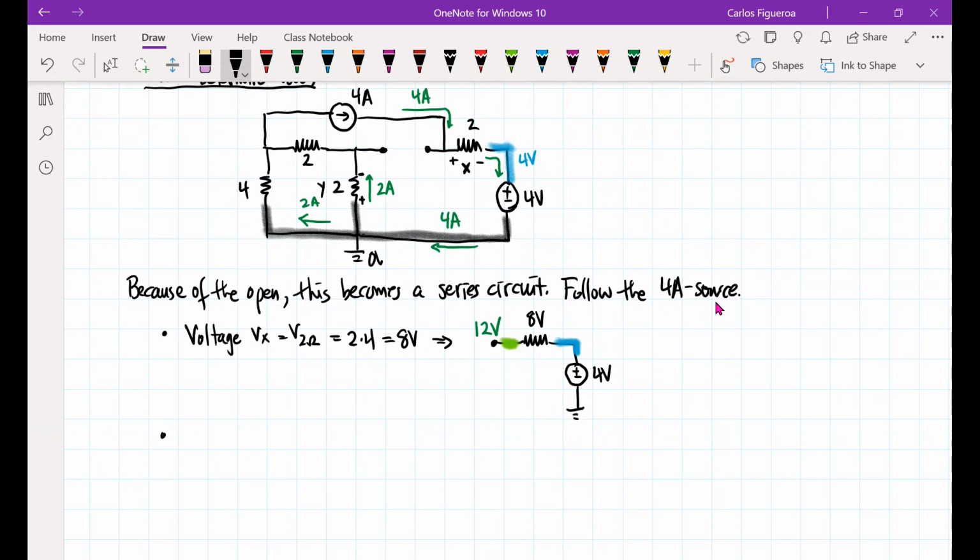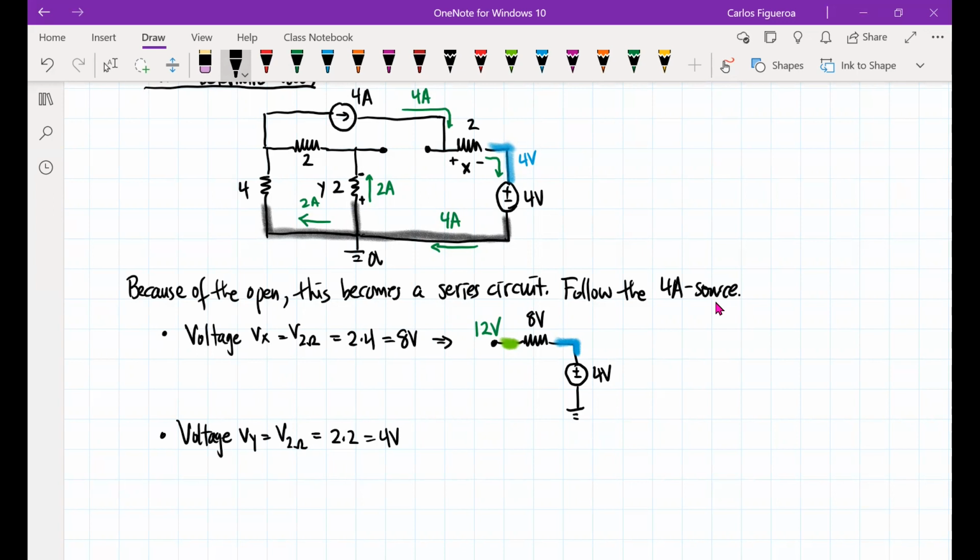Now if I look at the voltage Vy, excuse me, the voltage of the 2 ohm, this tells me that I have a voltage of 2 times 2 according to Ohm's law. So this guy is 4 volts.